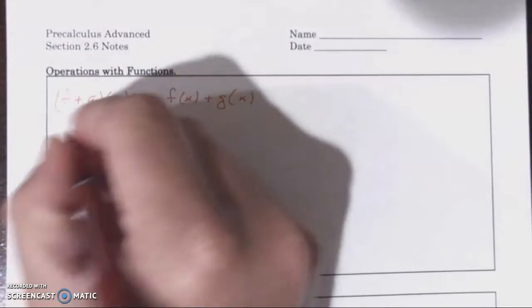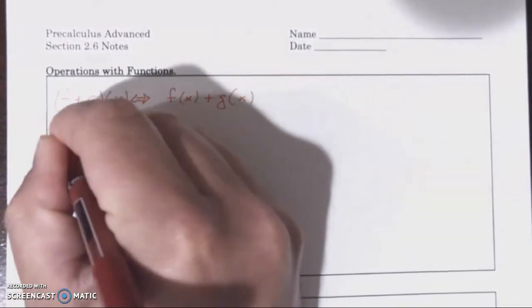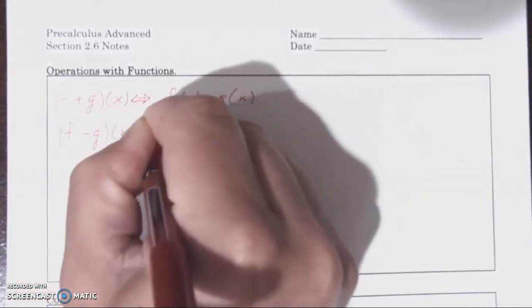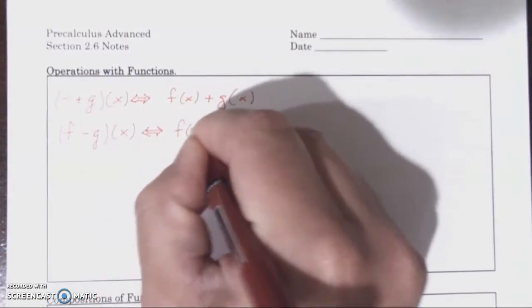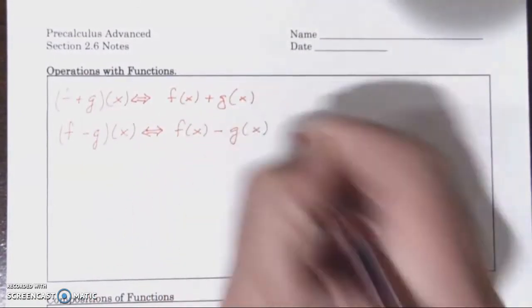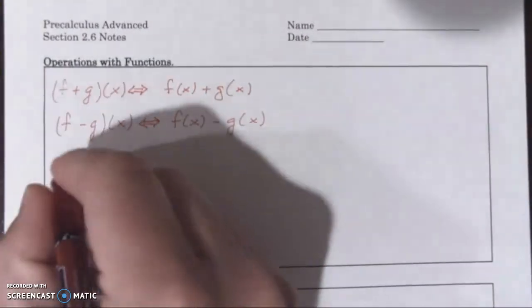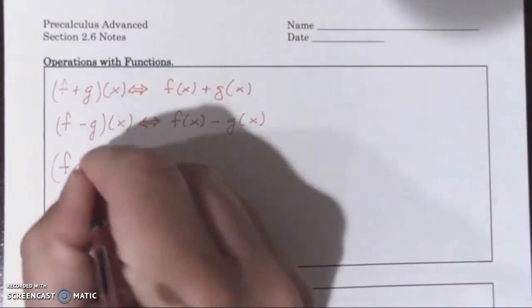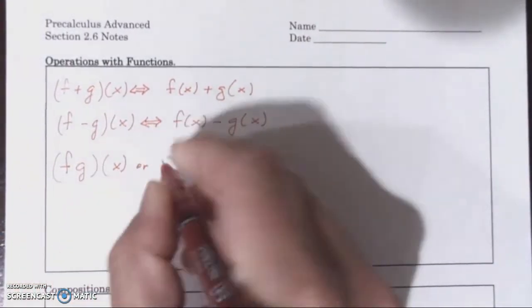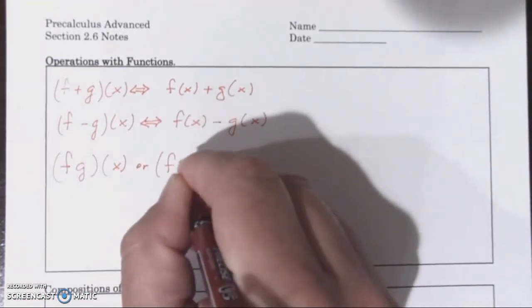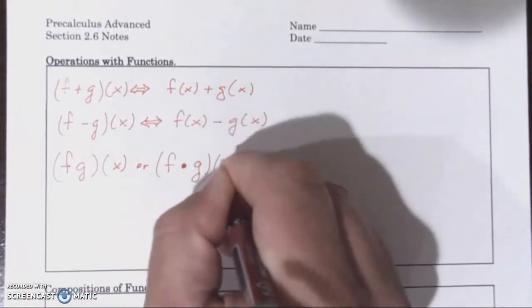F minus g of x can also be rewritten as f of x minus g of x if you want to evaluate it. F times g of x, or f again times a filled-in circle, means multiplication.